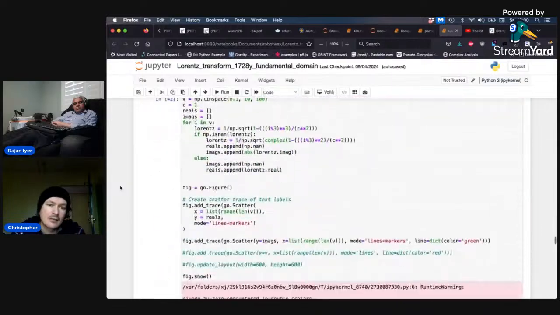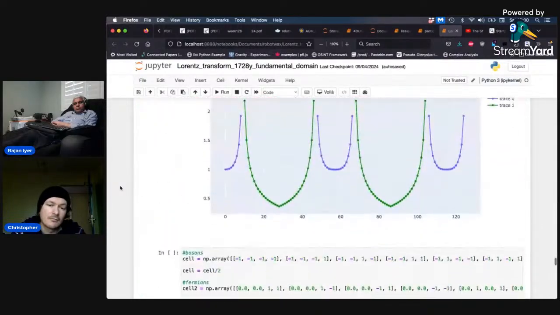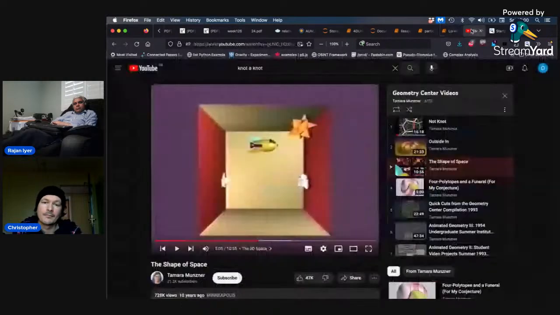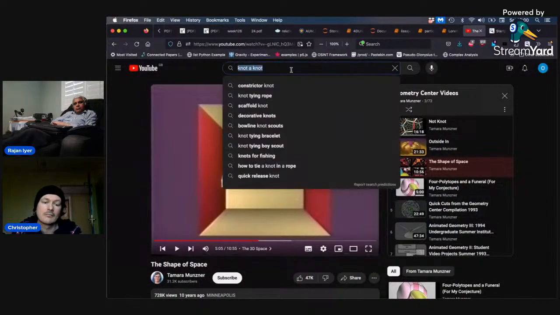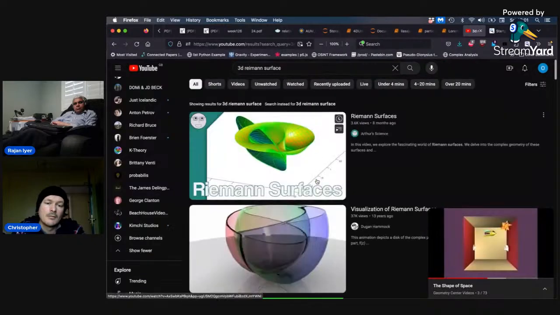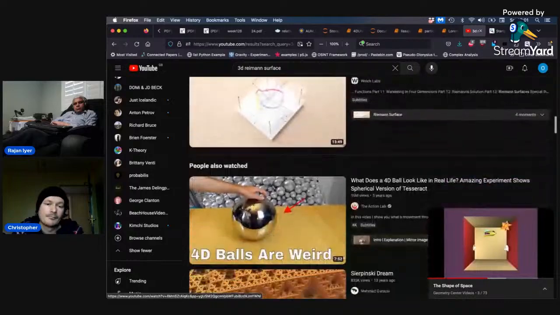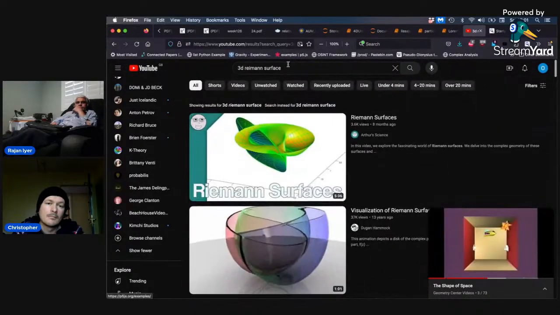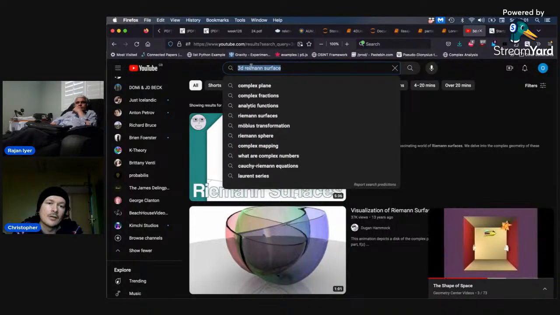And then, of course, we could ask the question, there's something kind of oddly familiar about this shape that's being created. Kind of reminds me a bit of, I don't know, is there a 3D Riemann surface somewhere? Maybe not. Oh, I spelled Riemann wrong again.